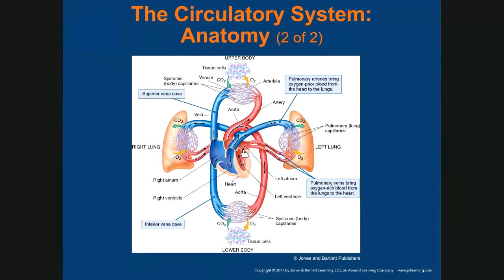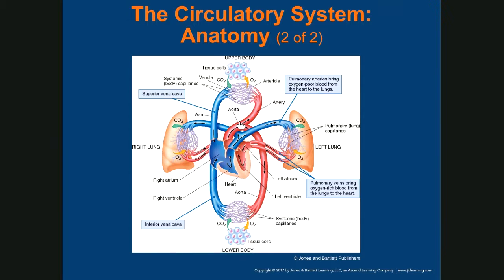The blood is then pumped into the left ventricle, which is the largest chamber of the heart because it does the most work. The left ventricle then contracts and pumps that blood into the aorta. When it enters the aorta, the blood passes through a valve and then that valve closes. That's the aortic valve.